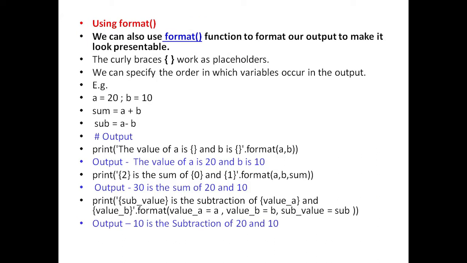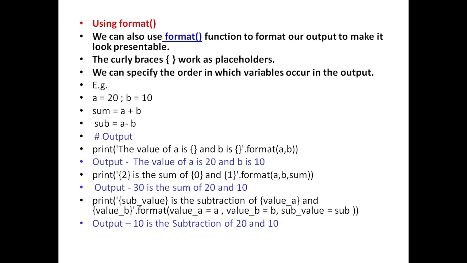We can also use the format function to format output to make it look presentable. For this, curly braces work as placeholders, and here we can specify the order in which variables occur in the output.